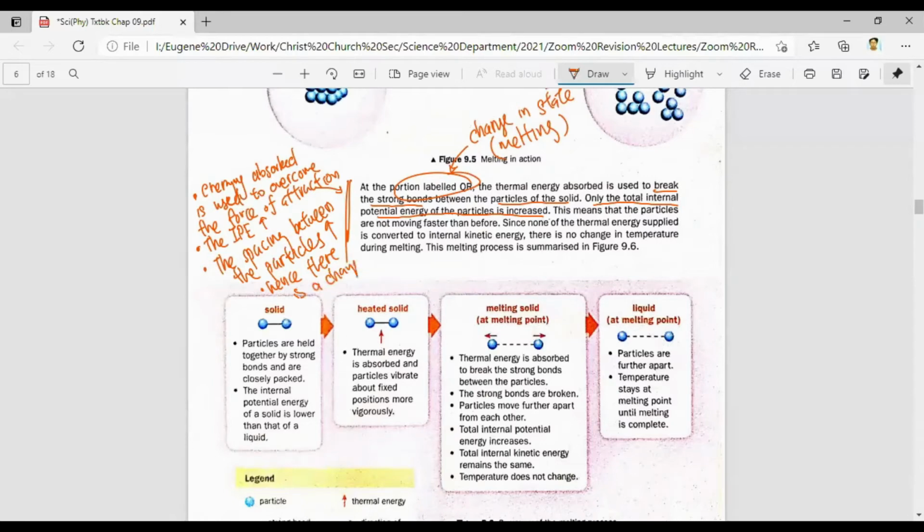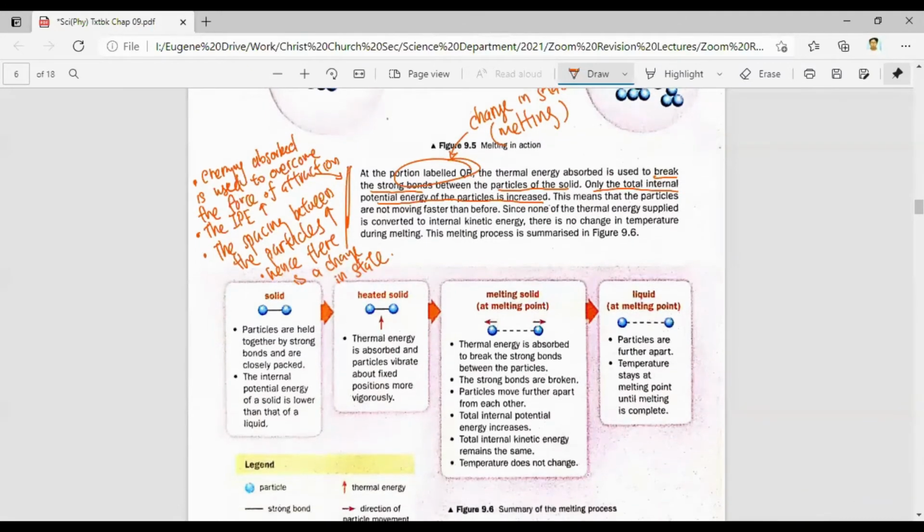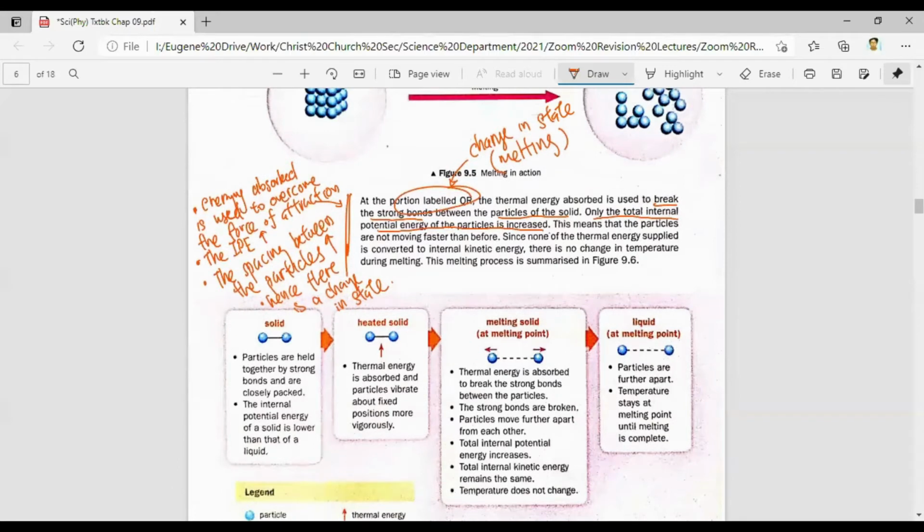What I'm trying to do here is to generalize this whole description. Whatever they're describing here, I also try to link up to here. So what exactly happens during melting is that the thermal energy absorbed is used to overcome the force of attraction.